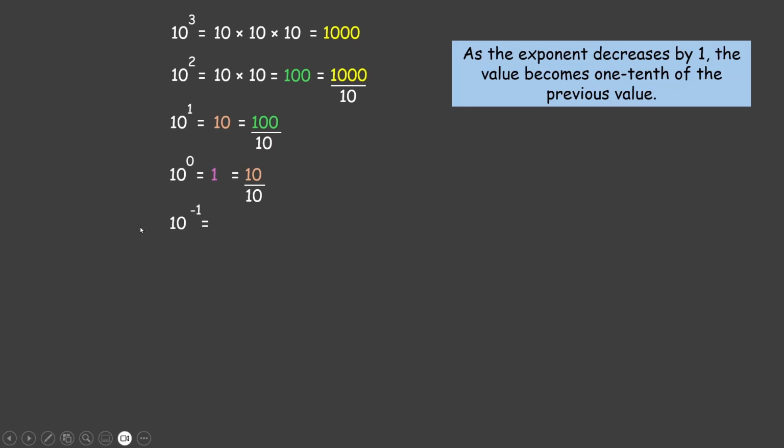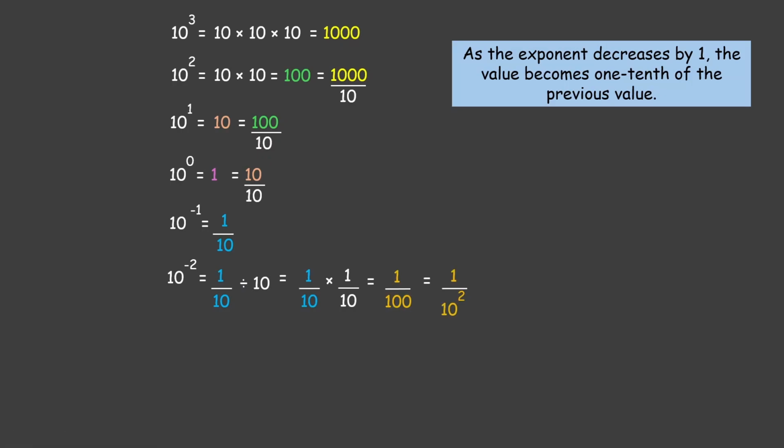So, this will be 10 raised to the power minus 1, which is going to be 1 divided by 10. That's 1 by 10. Next, we have 10 raised to the power minus 2, which will be 1 by 10 divided by 10, which will become 1 by 10 into 1 by 10, and that is 1 by 100. We can also write it as 1 by 10 raised to the power 2.